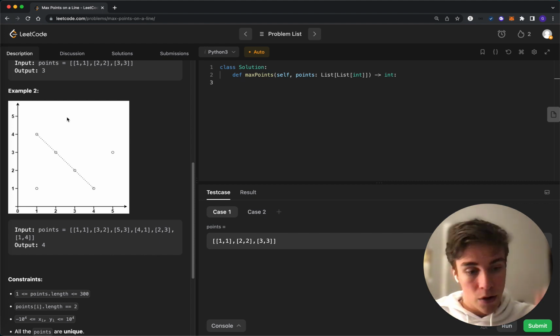Okay, I don't know about that. For now, let's start with the brute force solution.